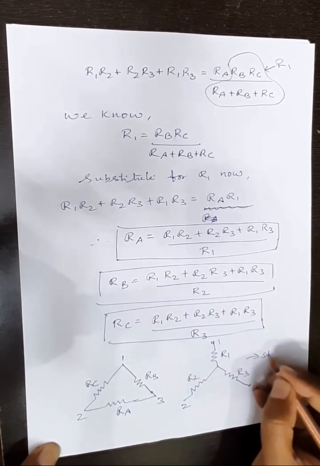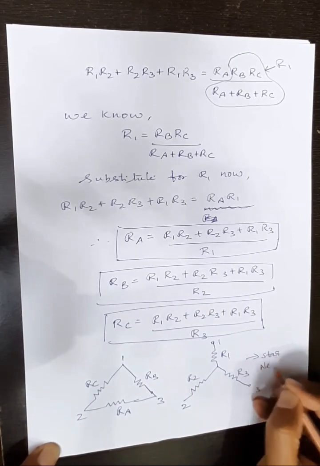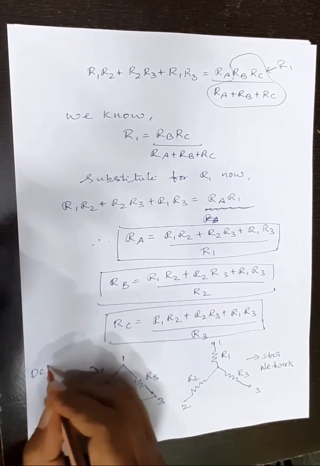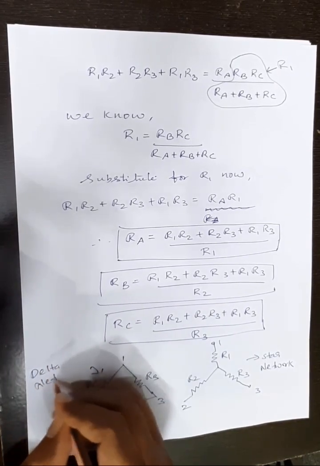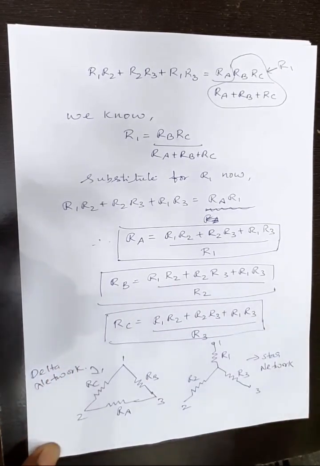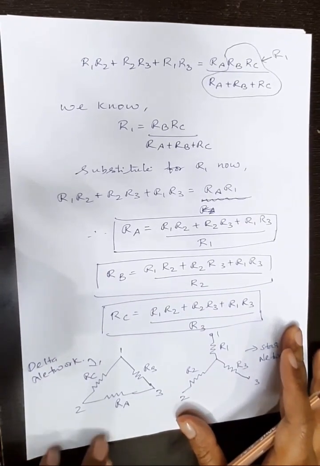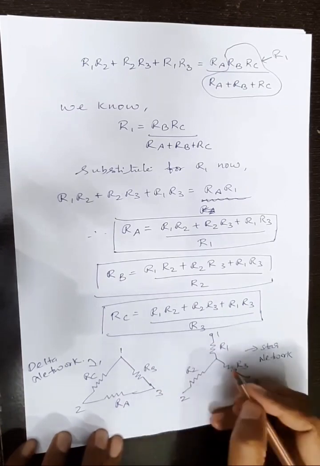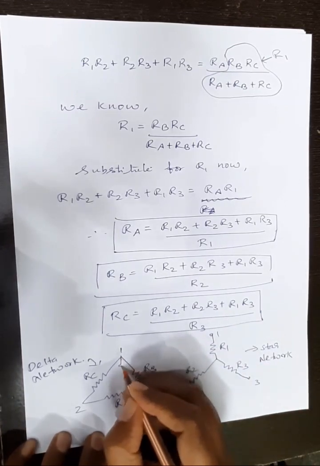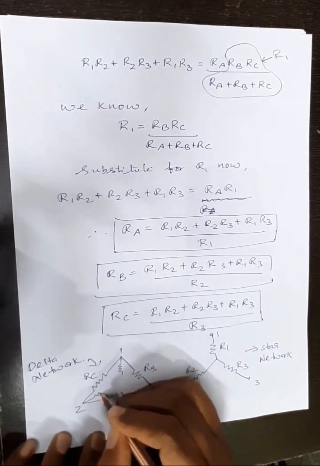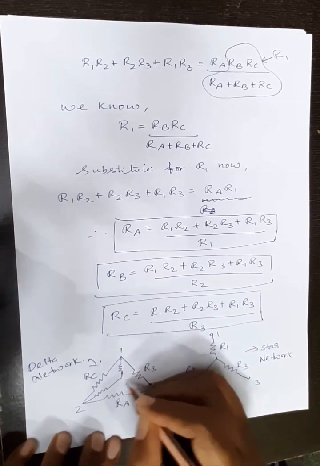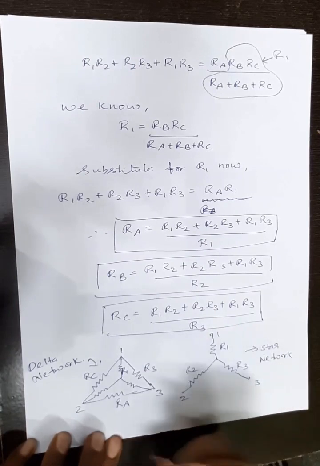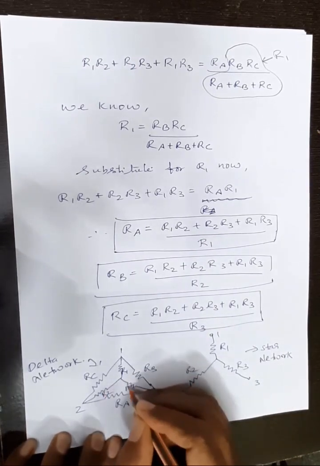So this represents the star network and this represents delta network. If you just put this star network inside this delta network like this, where this is R1, R2 and R3.